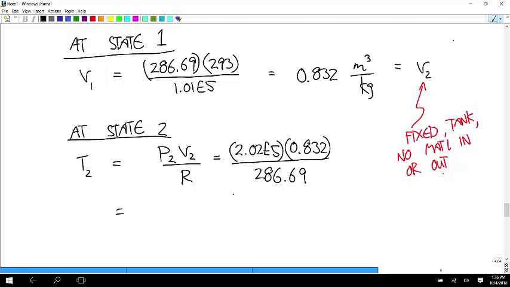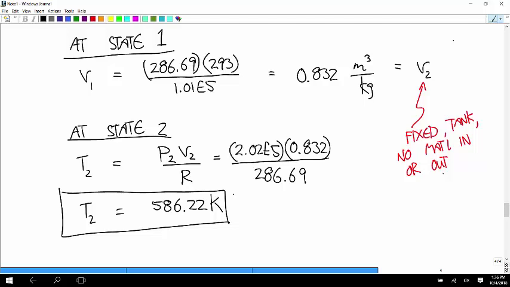And you get a temperature T2 of 586.22 Kelvin.